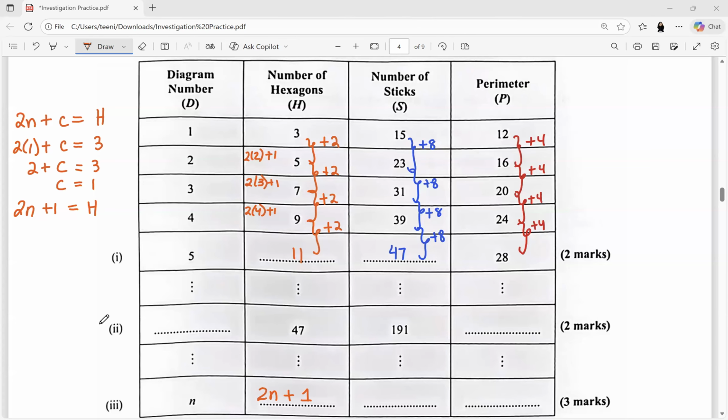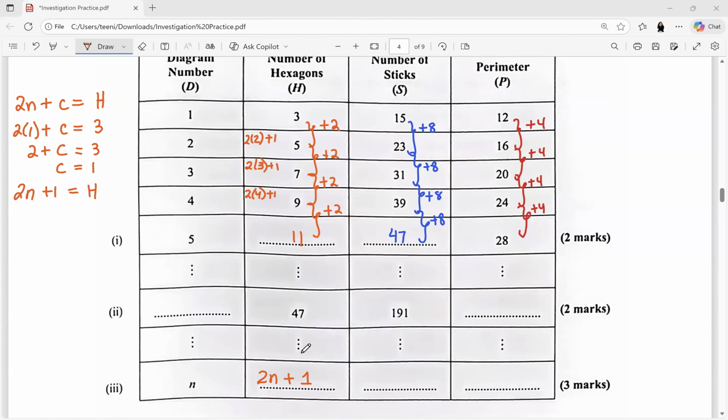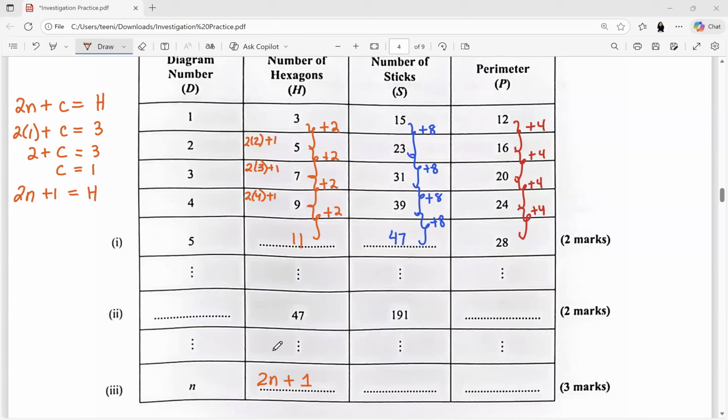If n is 50. It'll be 2 by 50 plus 1. Correct. It'll be 2 times 50 plus 1, which is how much? 101. 101. What about if n was 30?